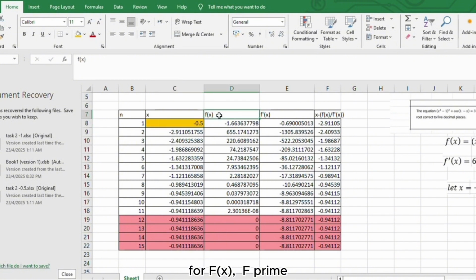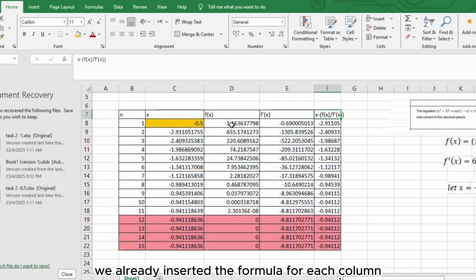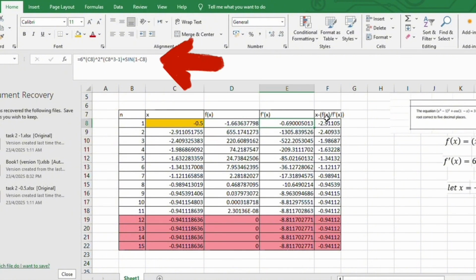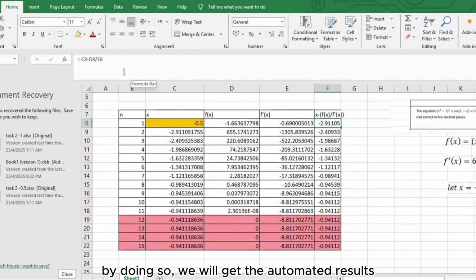For f(x), f prime, and the Newton-Raphson formula, we already inserted the formula for each column, as you can see here. By doing so, we will get the automated results.